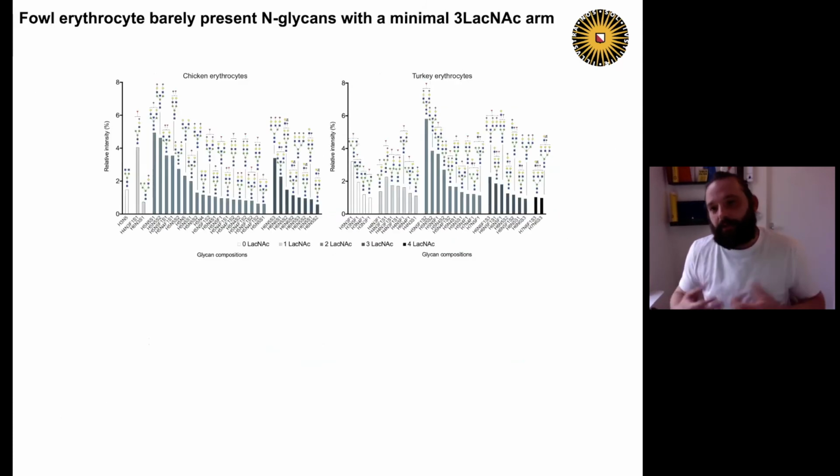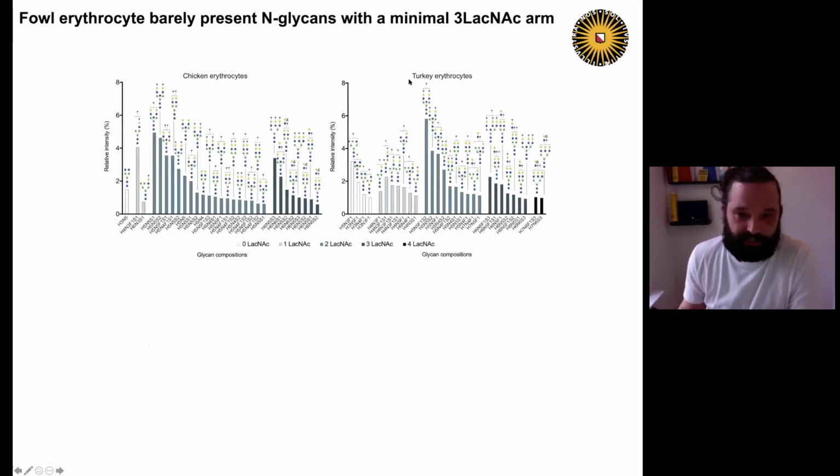Then we wondered, okay, what kind of N-glycans are actually present on these different erythrocytes? So we released the N-glycans from both chicken and turkey erythrocytes, and we plotted these N-glycans by the amount of LacNAc repeats. For chicken erythrocytes, we hardly saw any N-glycans that have more than 3 LacNAc repeats.